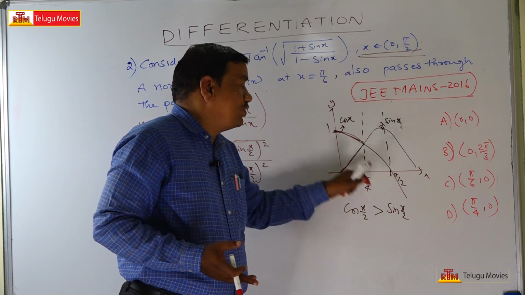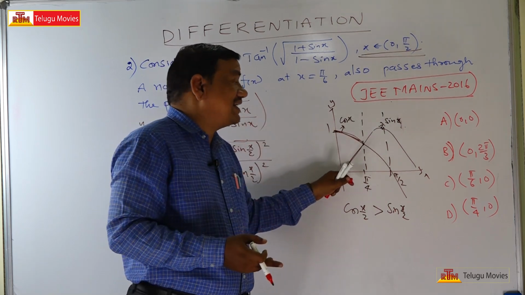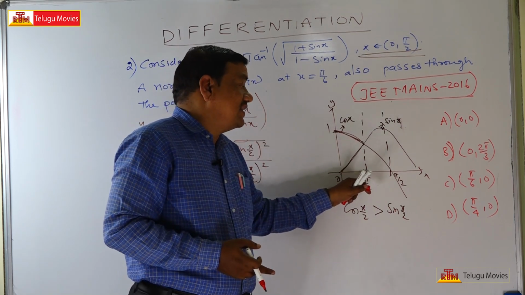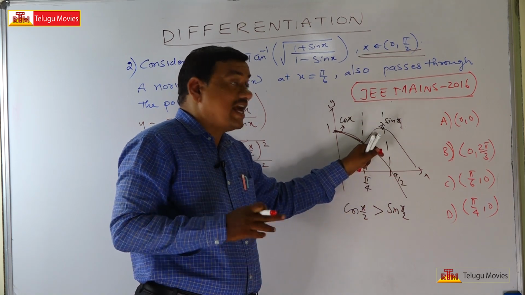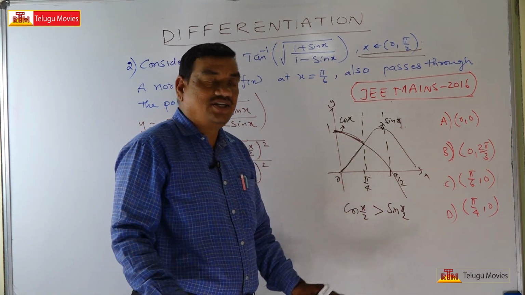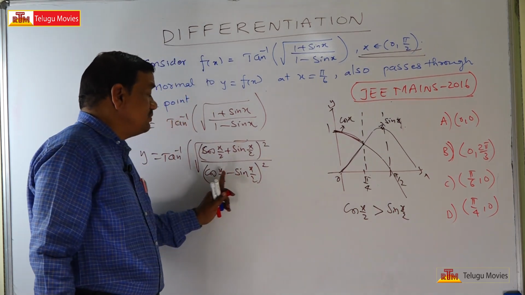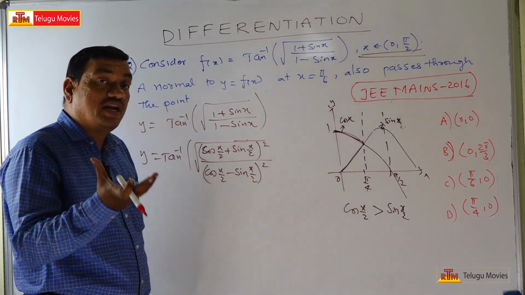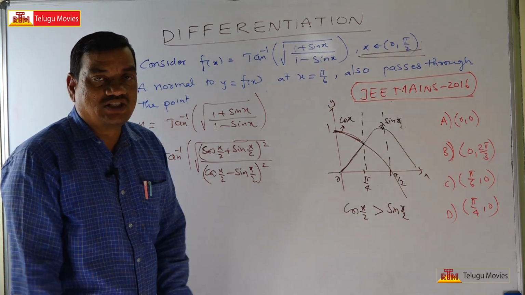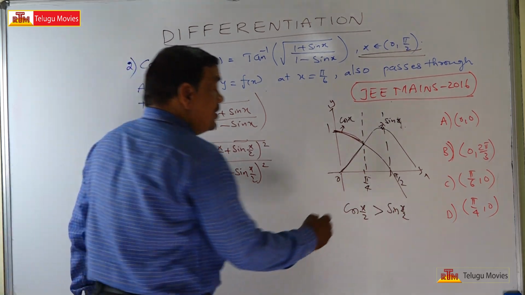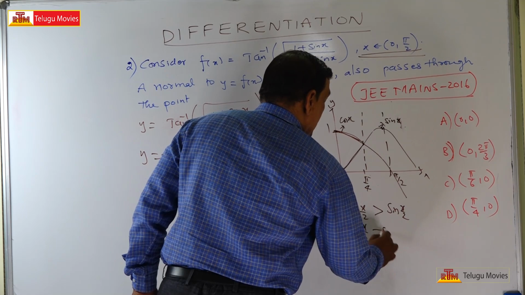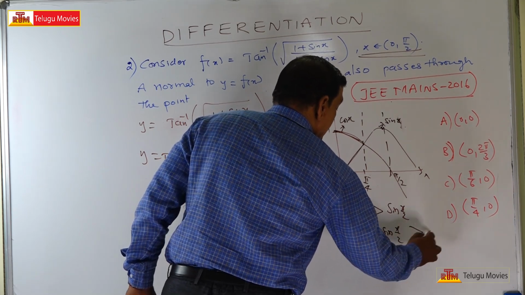In the interval 0 to pi by 4, cos x is greater than sin x. In the interval pi by 4 to pi by 2, sin x is greater than cos x. Understand this? That means cos x/2 − sin x/2 you will get a positive value. So cos x/2 − sin x/2 is greater than 0.